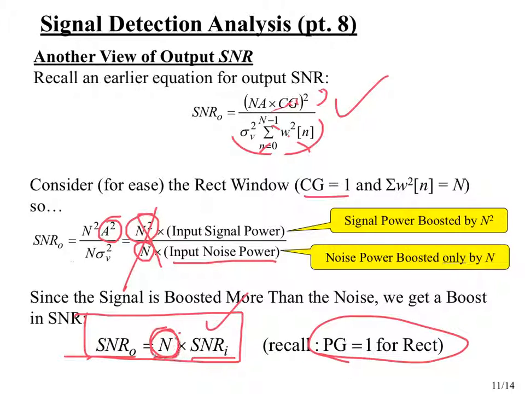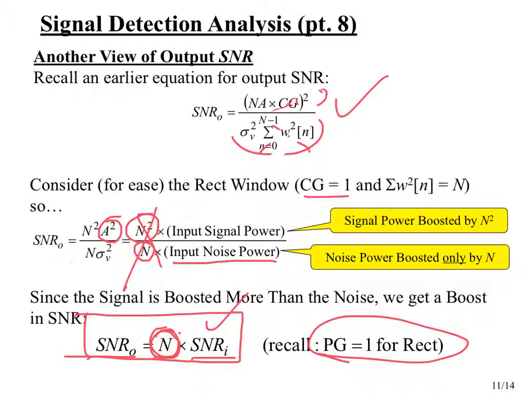So I need my n value in dB form to be 30. Well, undoing 30 dB with 10 log 10 means I need an n of 1,000. So rough rule of thumb, if I need to go from minus 10 dB input to 20 dB at my peak output SNR, I need a processing length of 1,000.